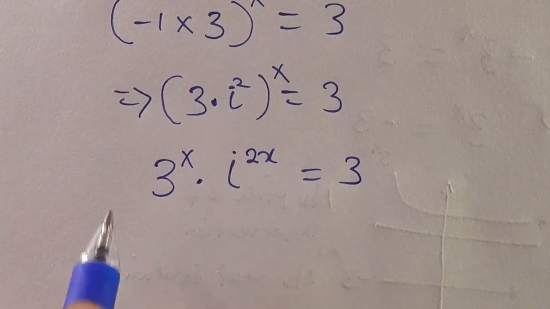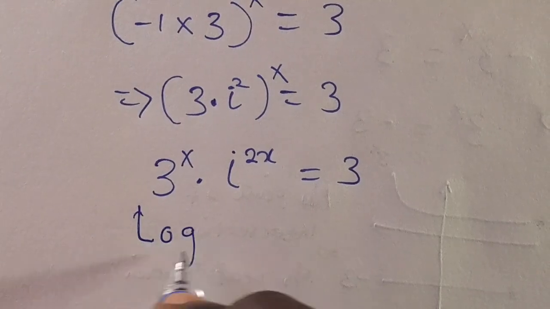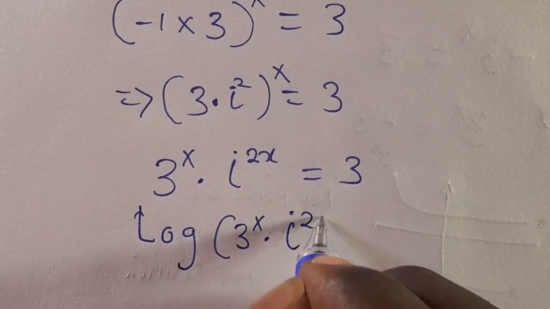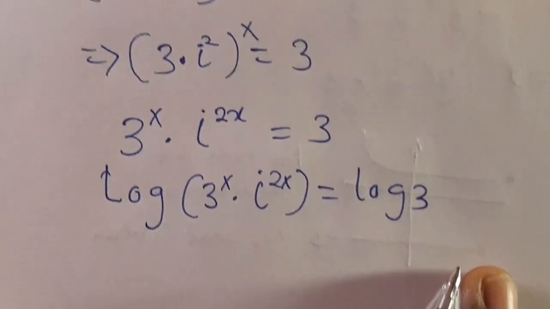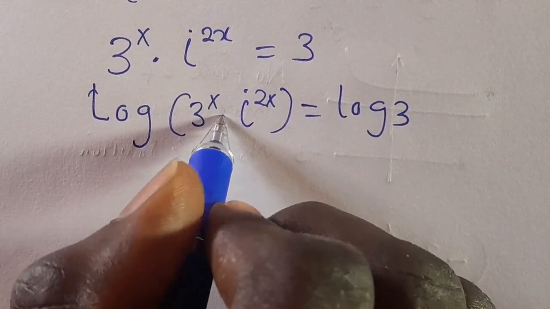So let us introduce logarithm to both sides. We have log of 3 to the power of x times i to the power of 2x equals log 3. So therefore, we change to addition of logarithms.